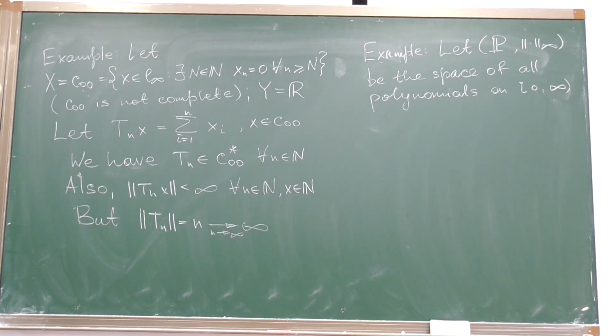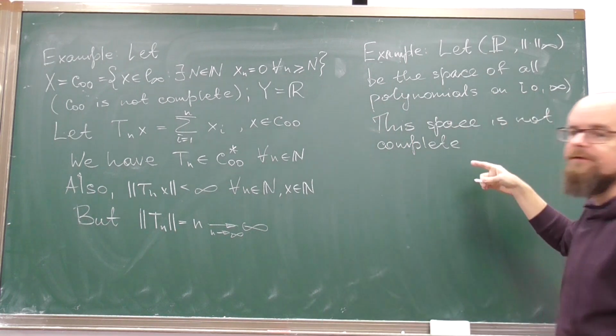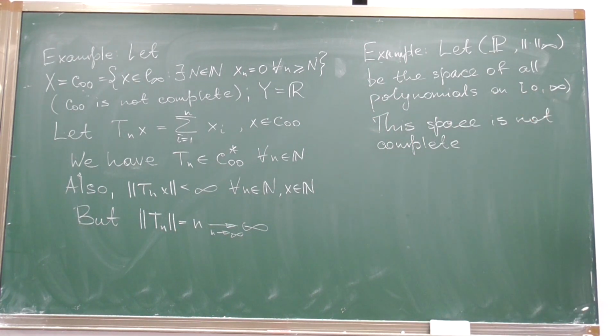Is this space complete? If we take a sequence of polynomials, is it guaranteed that the limit of this sequence is a polynomial? No. We know that every continuous function can be approximated by polynomials. So this space is not complete, and moreover, the completion of this space is the space of continuous functions.